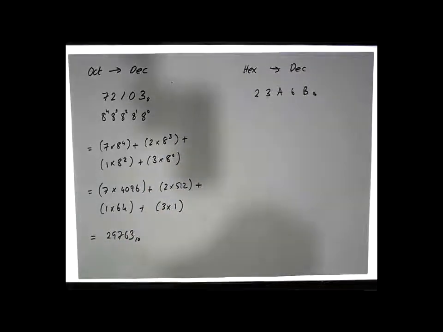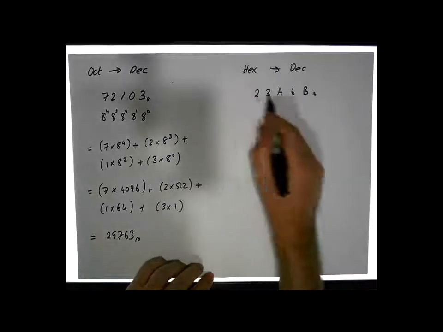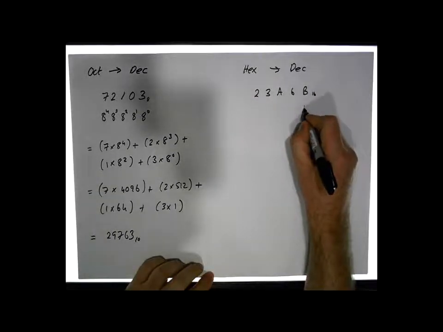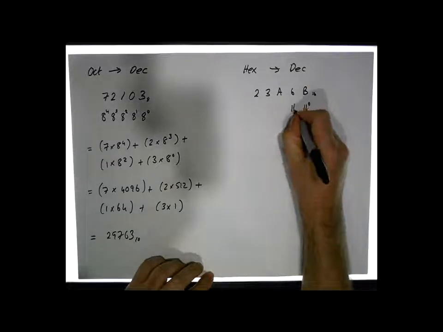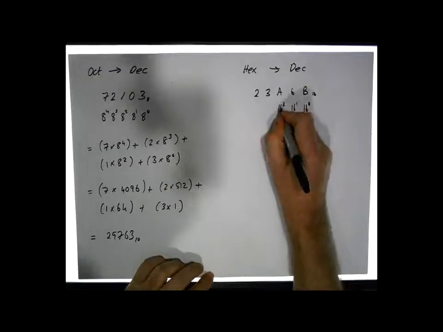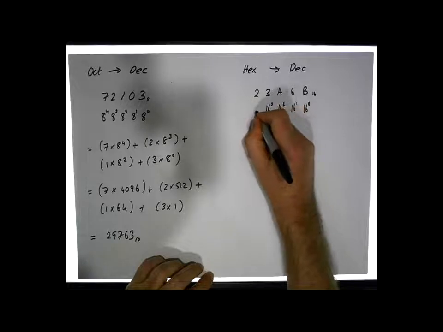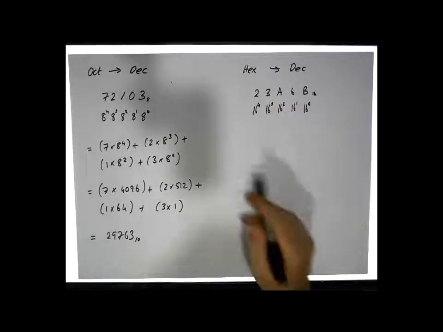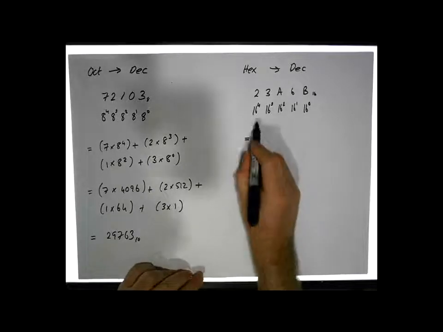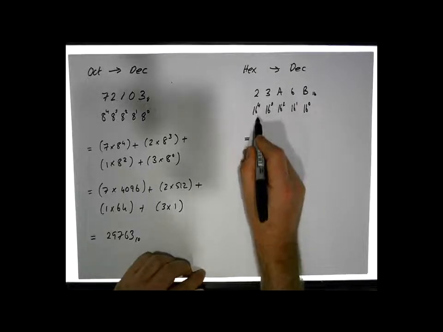So from a positional system, this B is how many 16s to the ones. This is 16 squareds, 16 cubes, 16s to the 4. So you can see that this number has 2 16s to the 4.